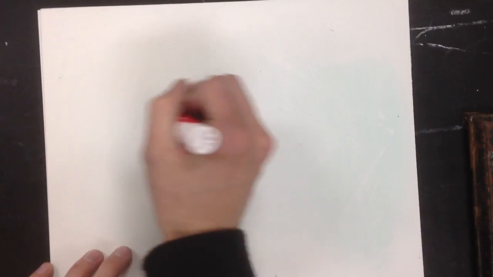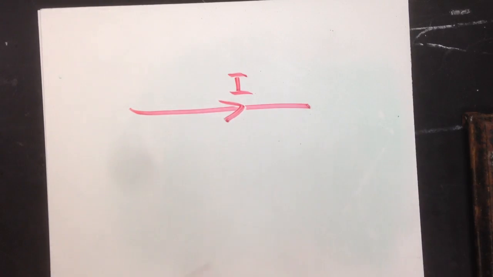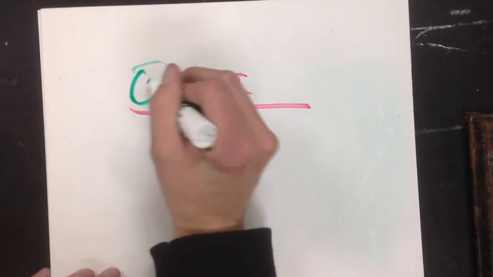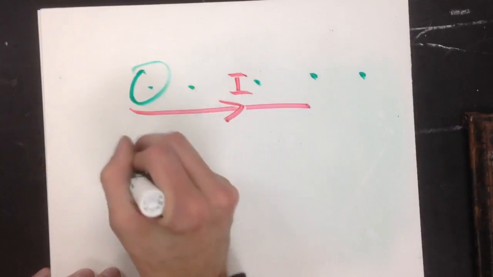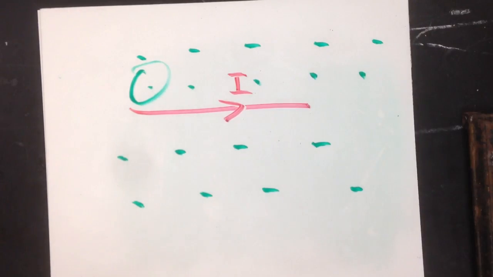Now, a current-carrying wire, let's say my current is running this way, and let's say again my magnetic field is coming out of the board. Okay.